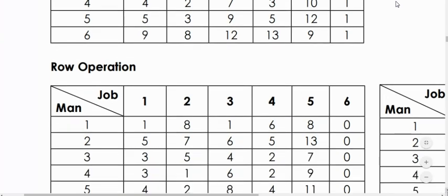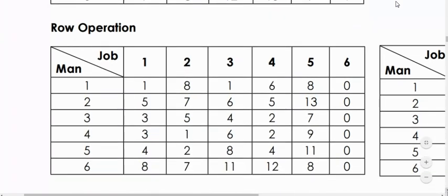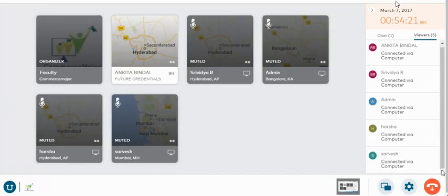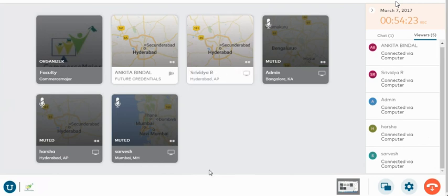Similarly, in row 3, row 4, row 5 and row 6, you have to identify the minimum number in the respective row, and subtract that number from all the numbers given in the row. Is it clear for everybody? If not, I'll repeat. Just type in whoever has a doubt.